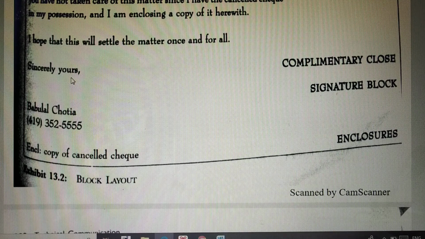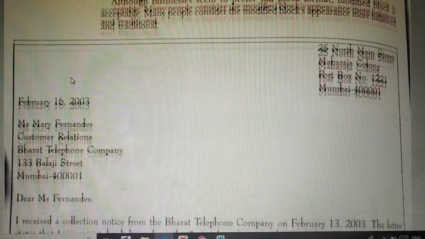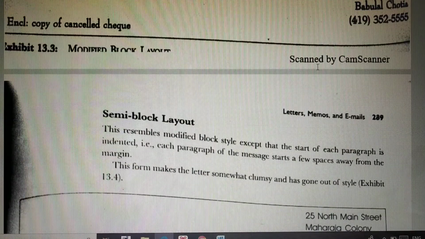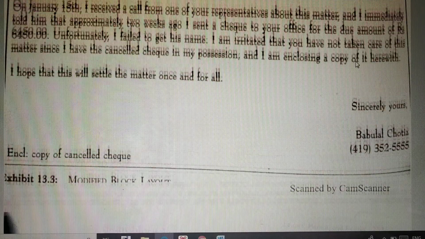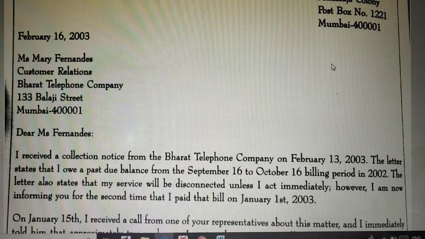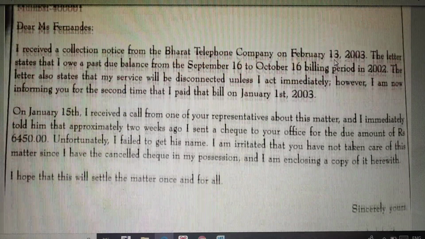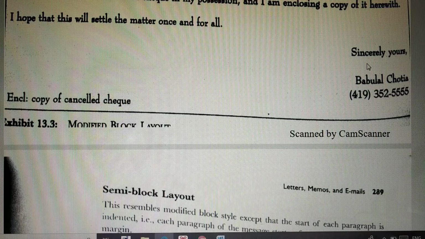So this is block format. Now modified block format: here the sender's address and complementary clause are to the right side, otherwise everything is to the left side.